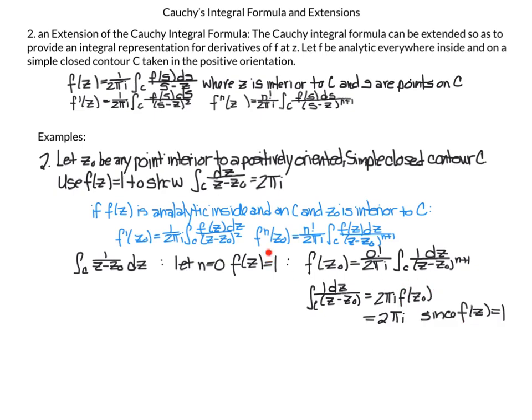But since f of z is just equal to 1 at all points, that means my closed curve integral is equal to 2 pi i times 1, which is just 2 pi i. So I have proven that this closed curve integral is equal to 2 pi i.